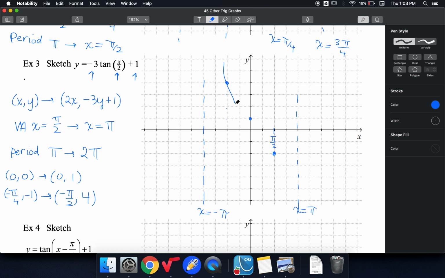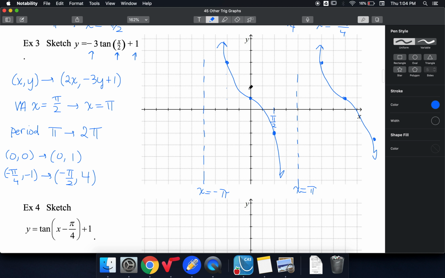So sketching in my tan curve, I get this shape. And then I just keep repeating. So I'm going to put in quarter point that lines up. And then next quarter point is down 3. Next quarter point would be down another 3. And I continue on like that.